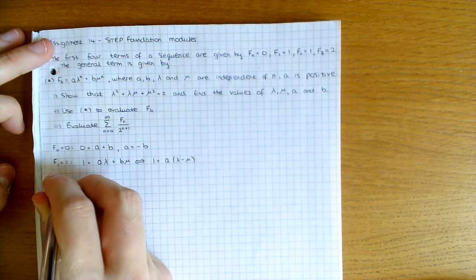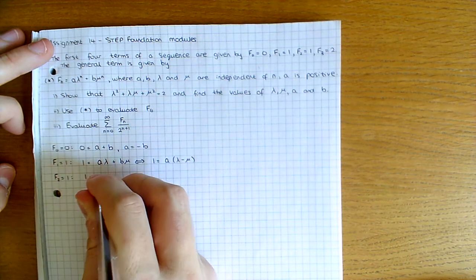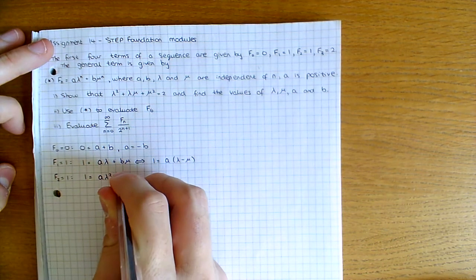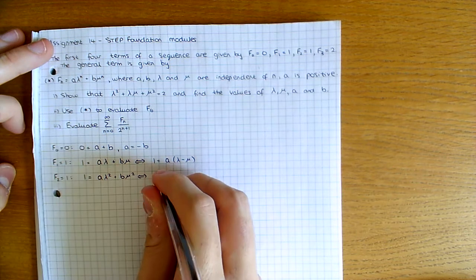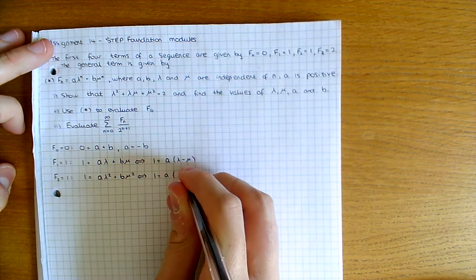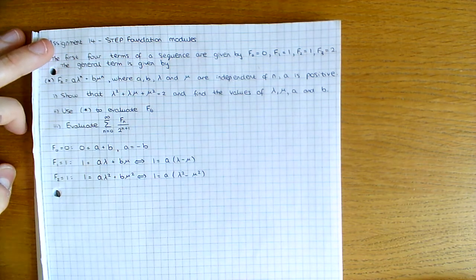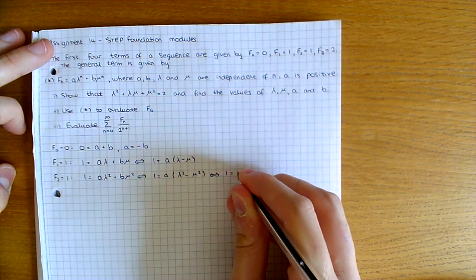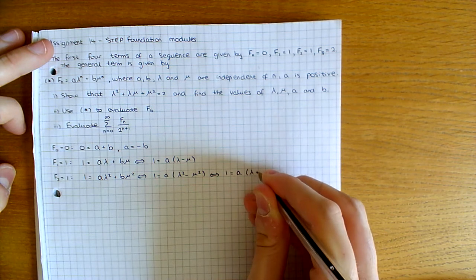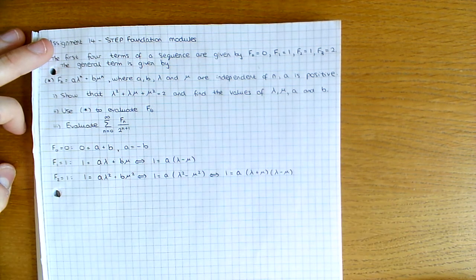Using the condition that f2 equals 1 gives us that 1 equals a lambda squared plus b mu squared. Similar to last time, this can be written as 1 equals a times (lambda squared minus mu squared), using the condition that a equals minus b. And this can actually be factorized, so we get 1 equals a times (lambda plus mu) times (lambda minus mu).